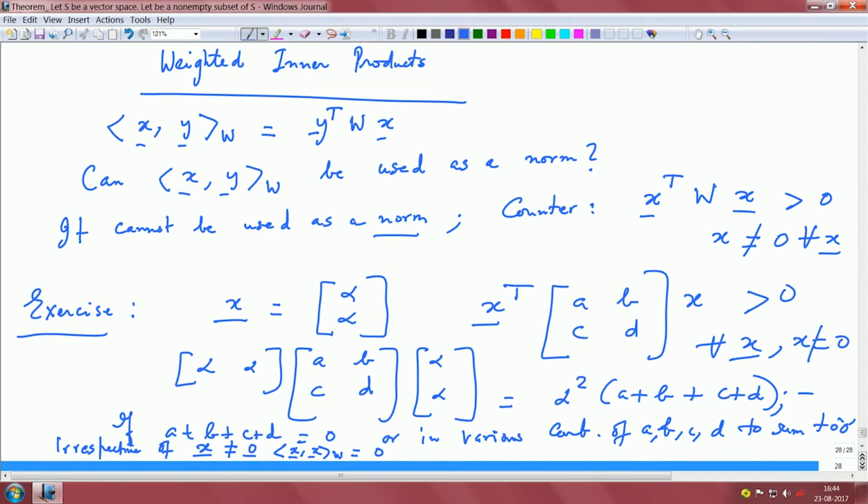So therefore this is another case to think about why this weighted inner product cannot be considered as a norm.